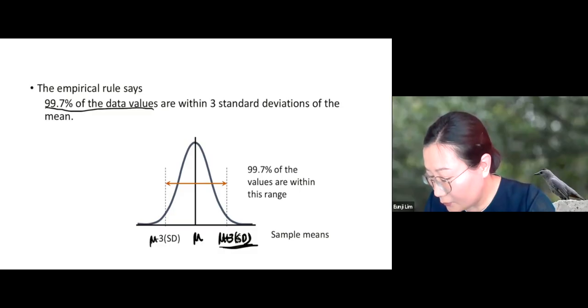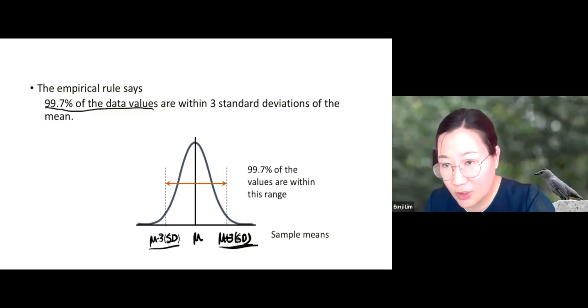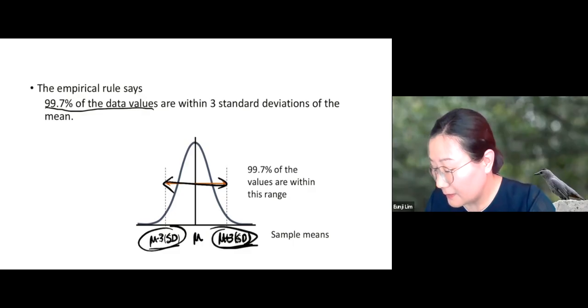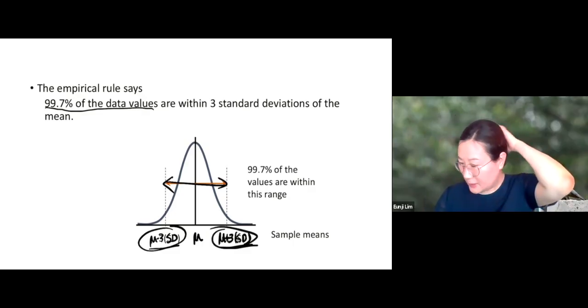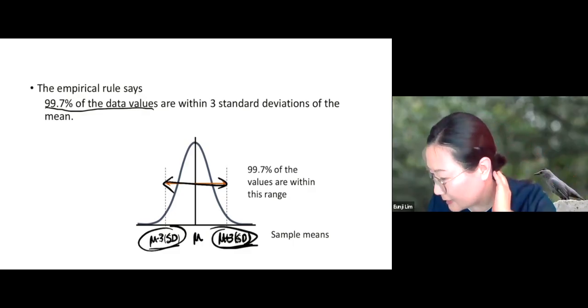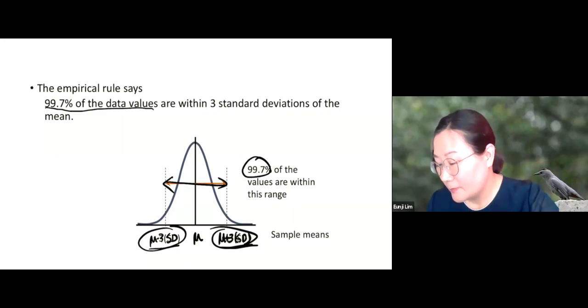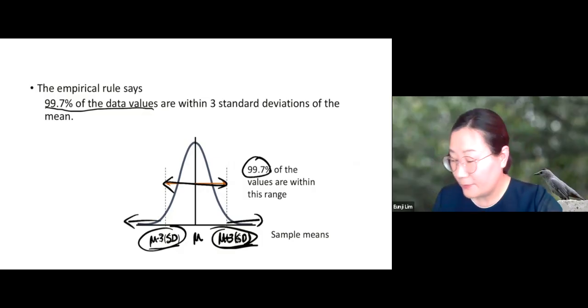And here we have mu minus 3 times the standard deviation. This is a value that's 3 standard deviations below the mean. And if we look at all the values within these limits, then we have 99.7% of the values. Only 0.3% of the values are outside the limits.